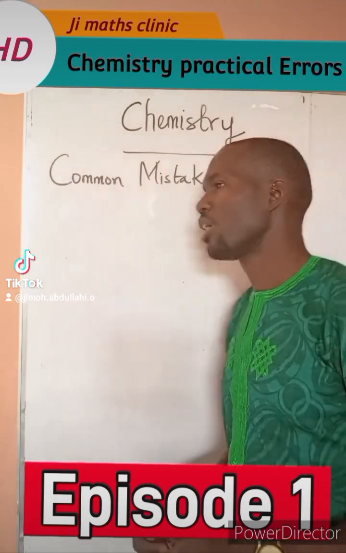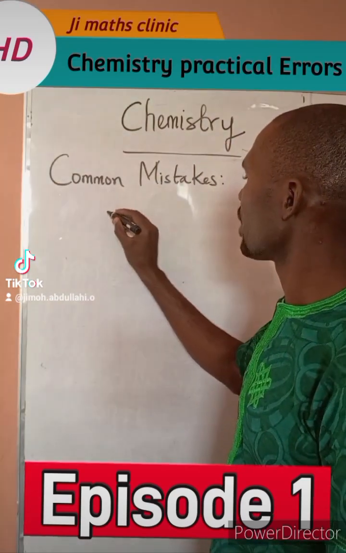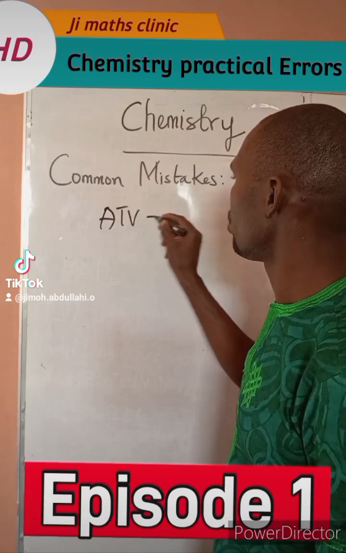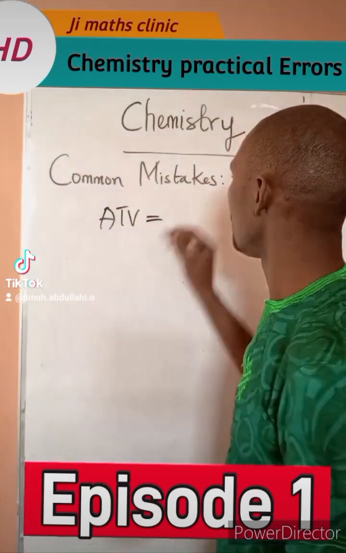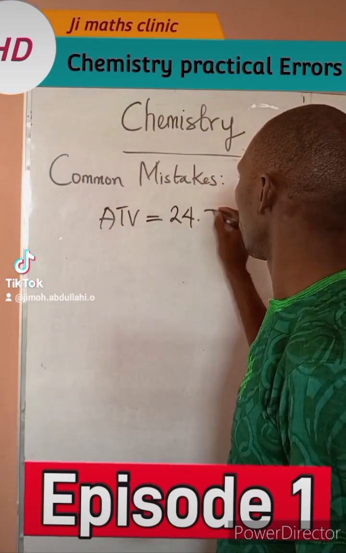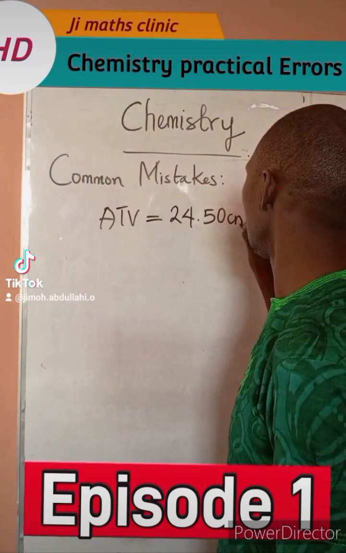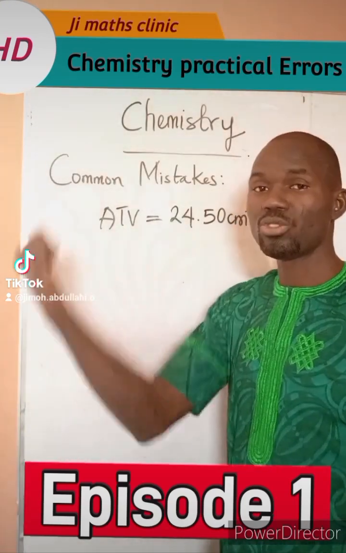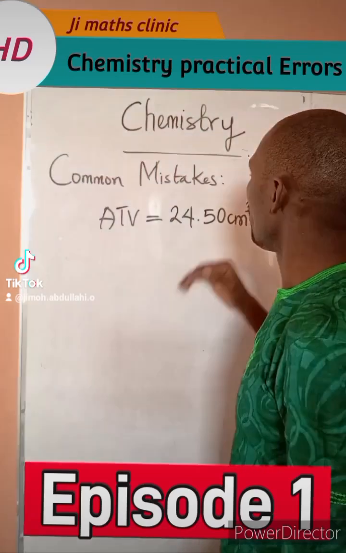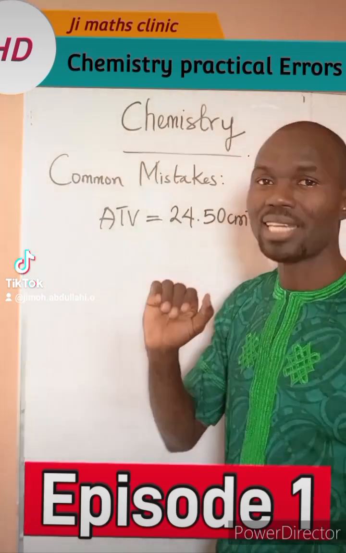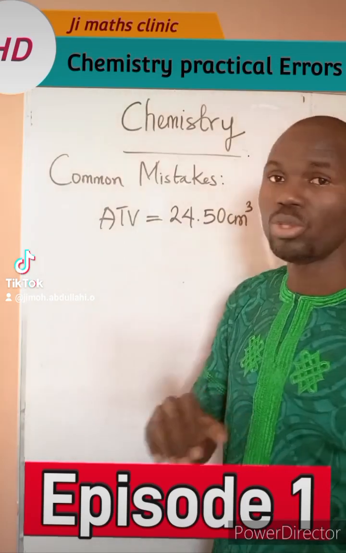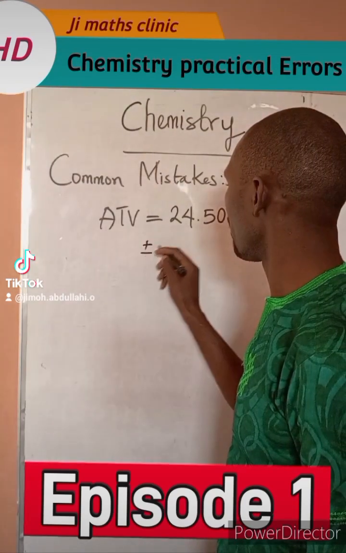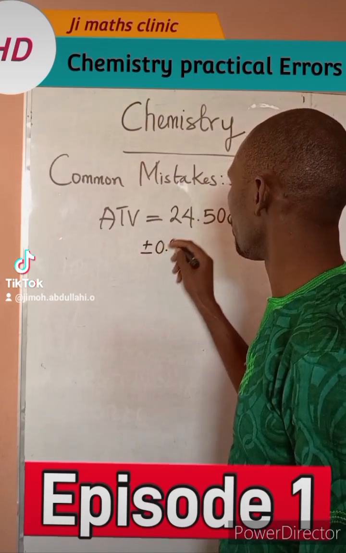For example, let's say your average titre value after your titration is 24.50 cm3. If this is the value your school is sending to WAEC, anything you get at the end of your own titration should be within plus or minus 0.2.